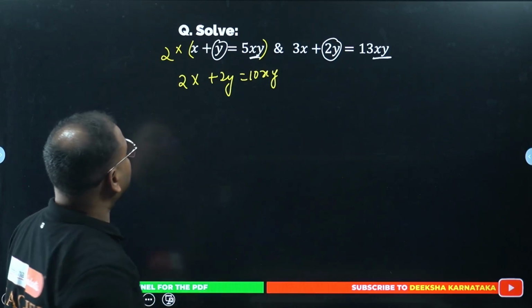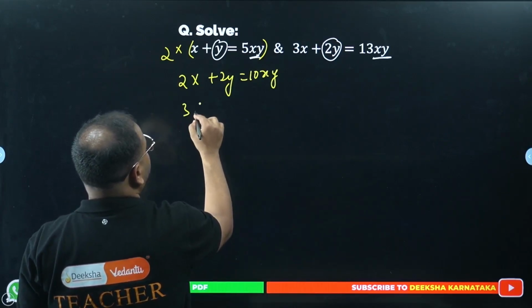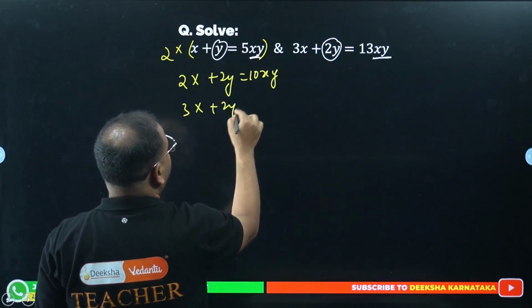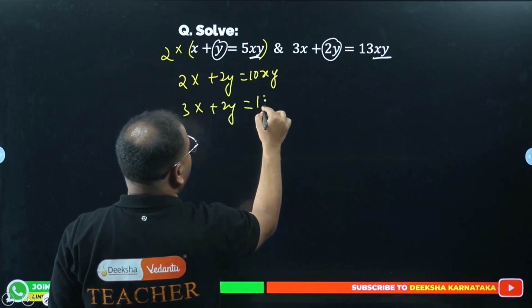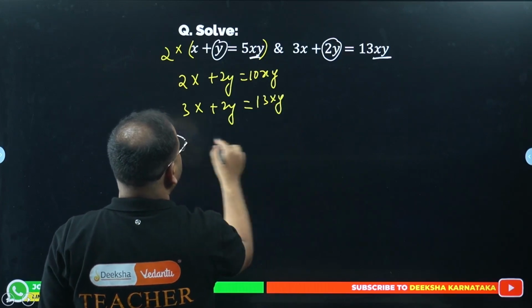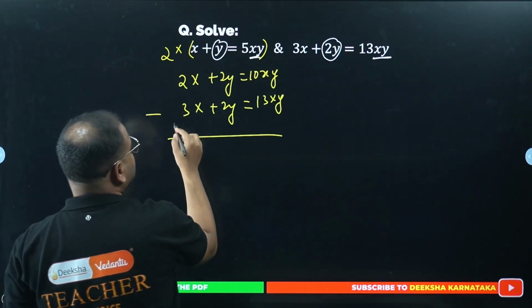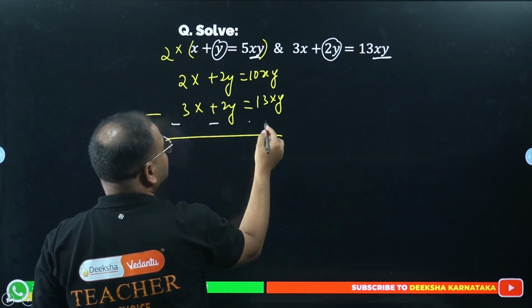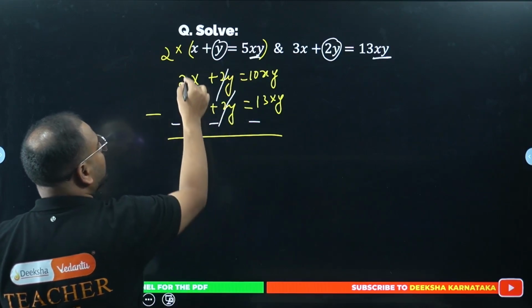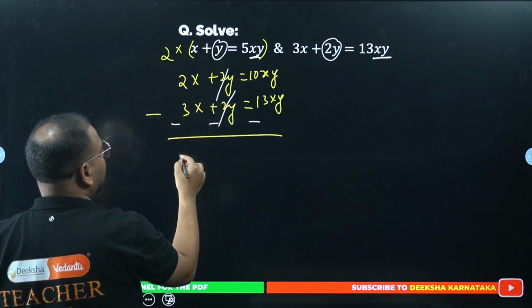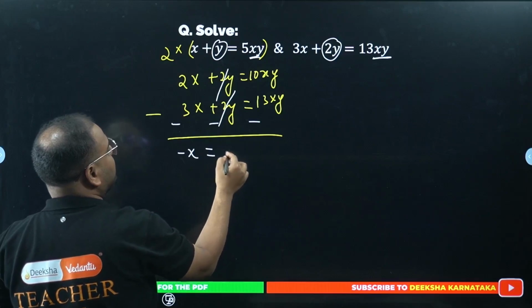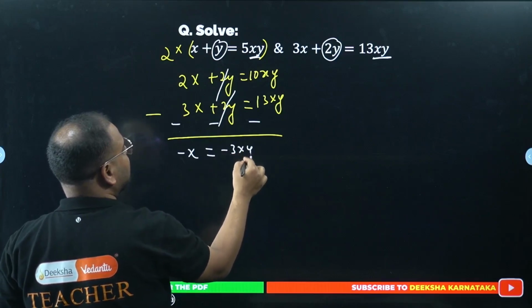Now my other equation is 3x plus 2y equal to 13xy. Do one thing, subtract. We all know the sign changes: minus plus will become minus and minus. This 2y will go out. 2x minus 3x will be minus x. This will be minus 3xy.